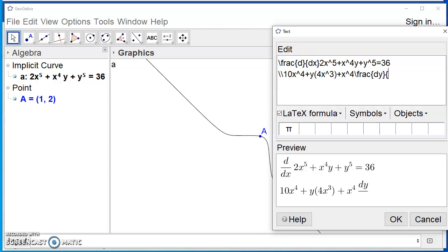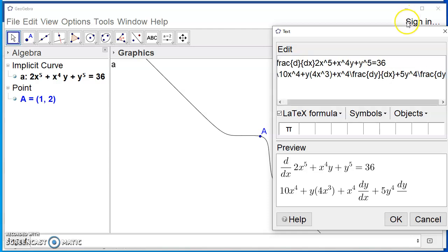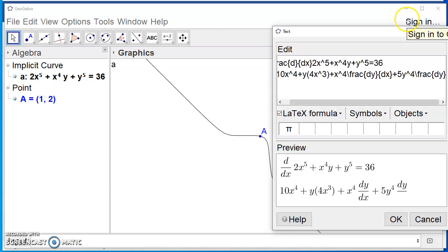So we write dy/dx. And then at the end, we have the y^5. So we get 5y^4 times, again, that fraction dy/dx. Okay, and this is equal to 0 because, of course, the derivative of 36 is 0.